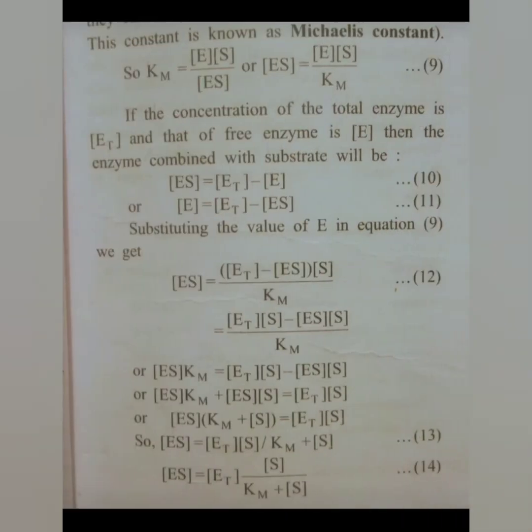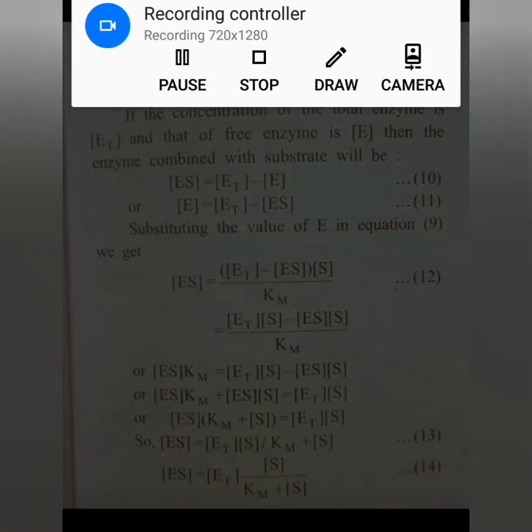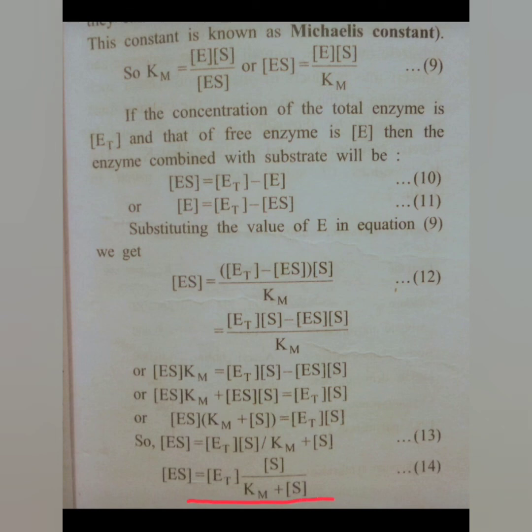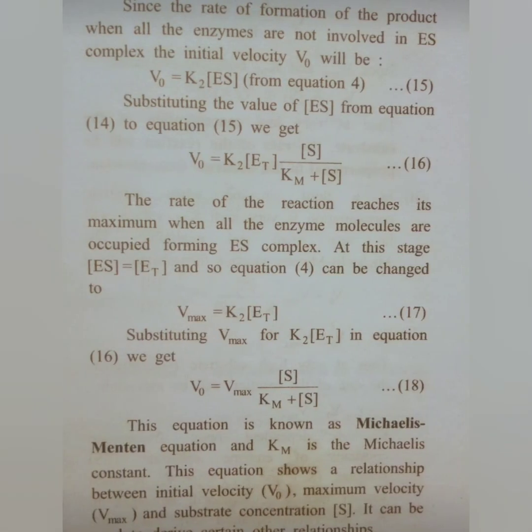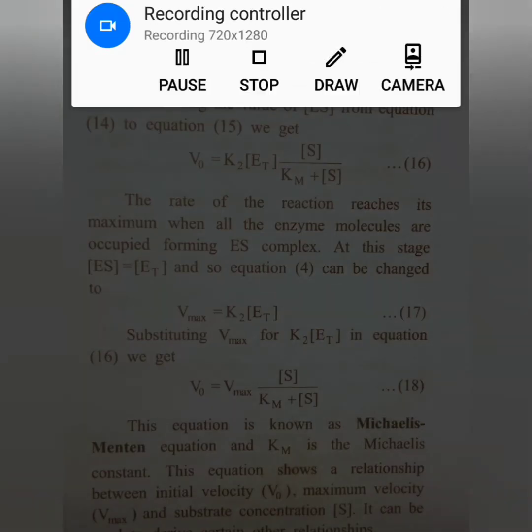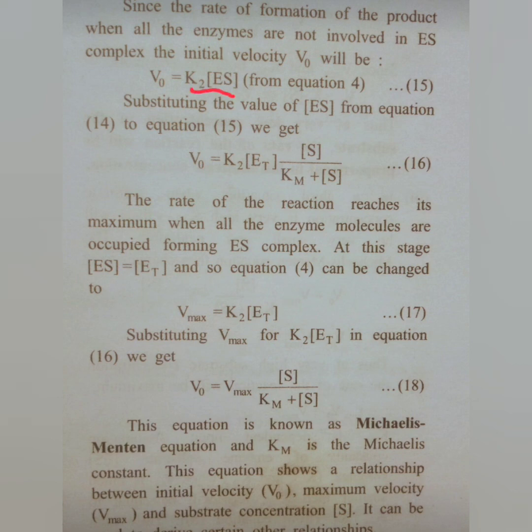Just now we had seen that in equation 14, ES is given by this equation. So instead of writing K2 into ES, we get ET into S divided by Km plus substrate concentration.